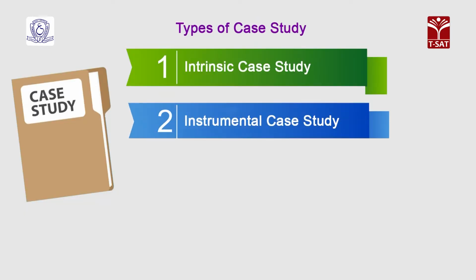Second, instrumental case study. In this kind of case study, the researcher begins with a research question and makes use of a case that simplifies or illuminates his analysis. So, we can say that in instrumental case study, the case is simply a preliminary technique that paves the way for further research.